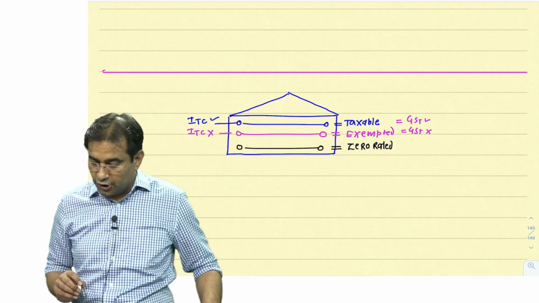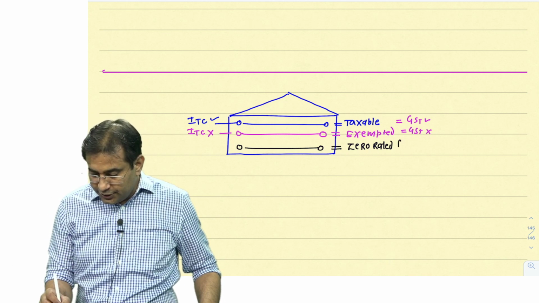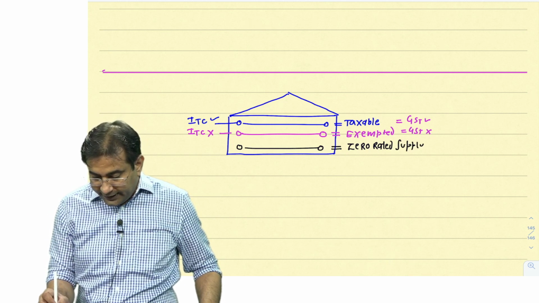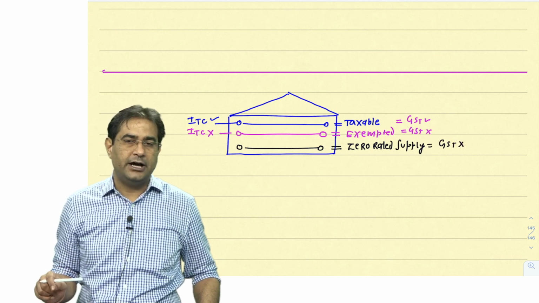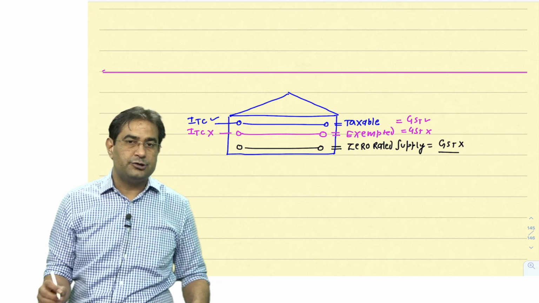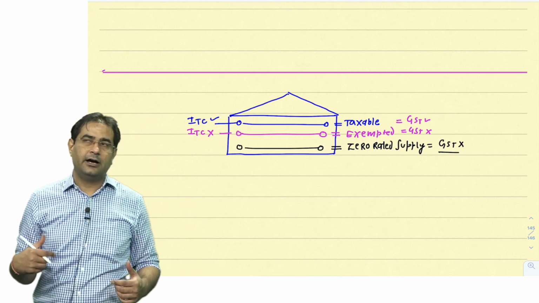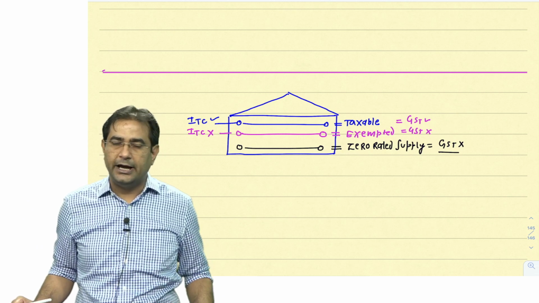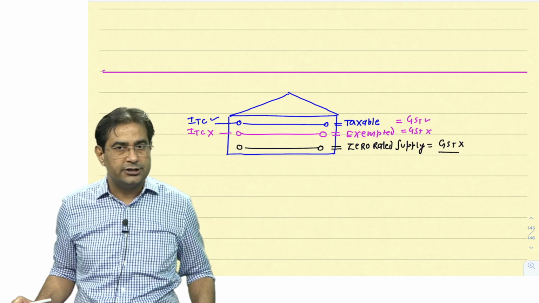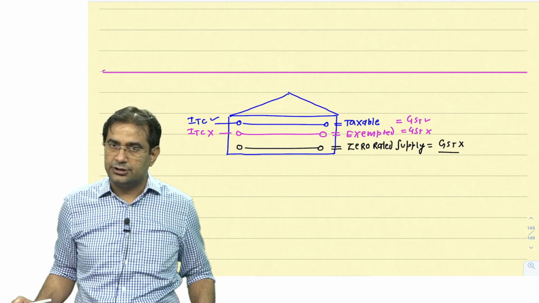In case of zero rated supply, finally no GST is applicable. However, there are two mechanisms: first, pay GST and later get the refund, and another, execute a bond, in which case you need not pay any GST. So finally no GST in this situation. Clear? Yes, sir.